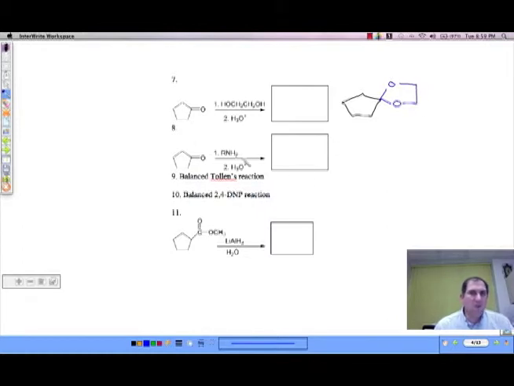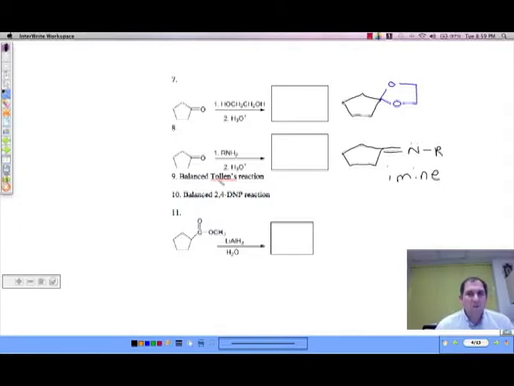Here we have a ketone reacting with some amine derivative. Remember, if this is an amine, we're going to get this to become an imine, with a double bond coming off of it bound to my nitrogen, which is bound to the R group, and this is called an imine.